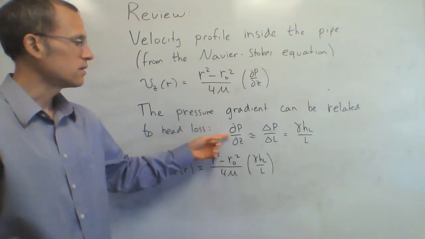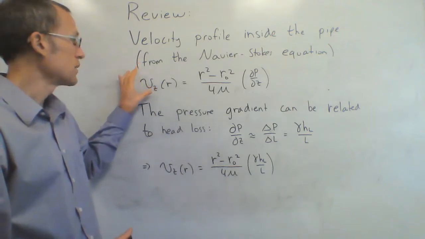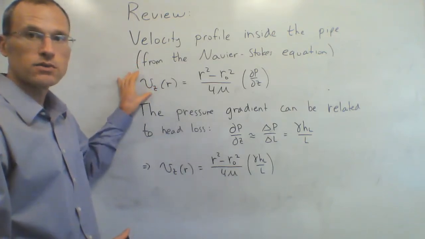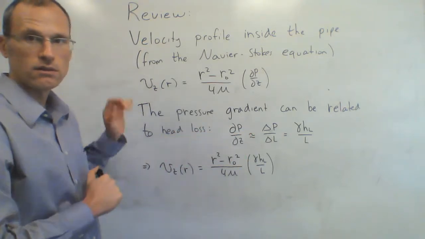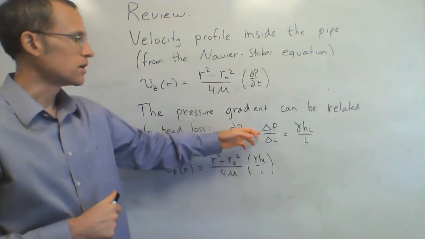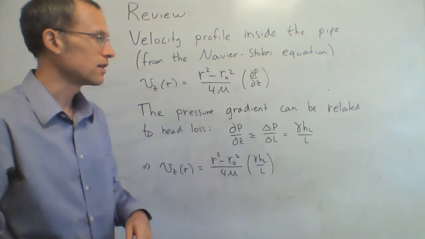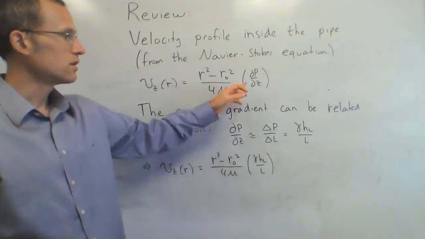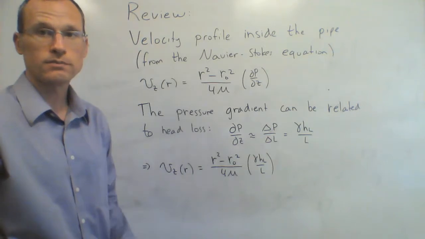So dp dz, remember for cylindrical coordinates, which is how I derived my velocity equation, z in this case is L, it's not height, it's the length of my pipe. So dp dz is delta p over delta L, and then delta p for Bernoulli's equation is gamma times my head loss. So I can replace dp dz with gamma times HL and get that as my velocity profile.